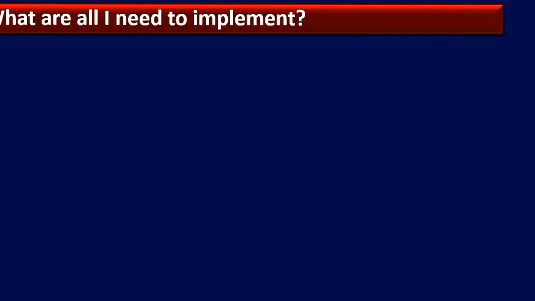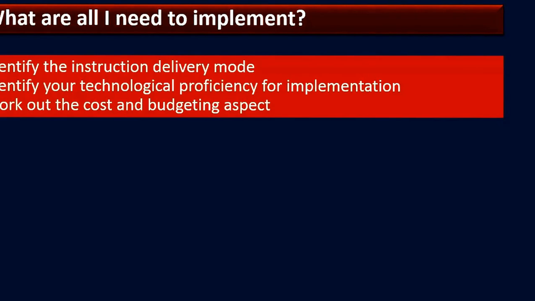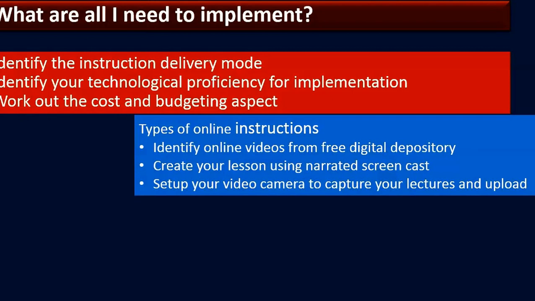Now if I want to use this pedagogy, what do I need to have, or what do I need to implement? The very first thing is to identify the instruction delivery mode, identify your technological proficiency for implementation, and work out the cost and budget aspect. Identifying the instruction delivery mode means what instructions you are going to use, what the modes are, and what the technology is.